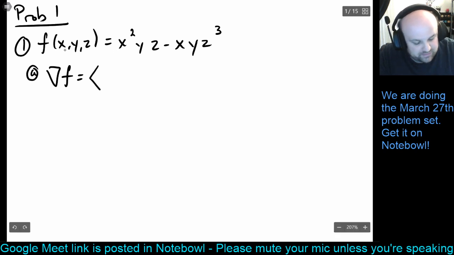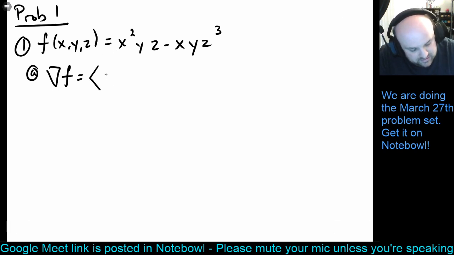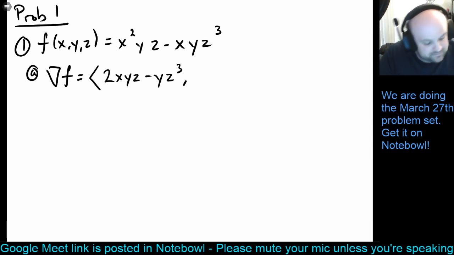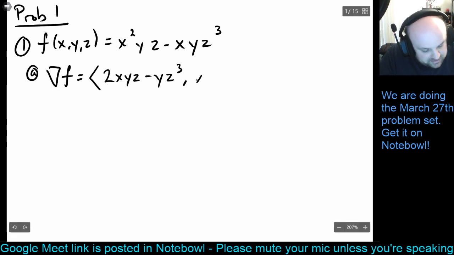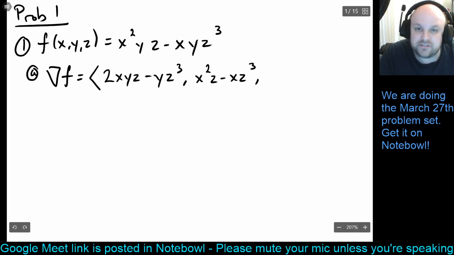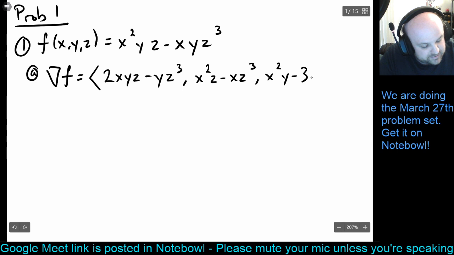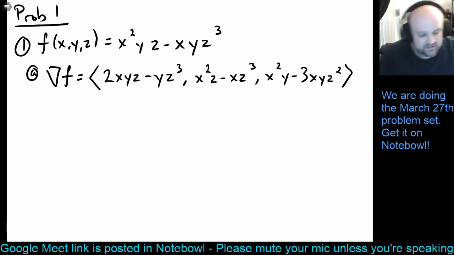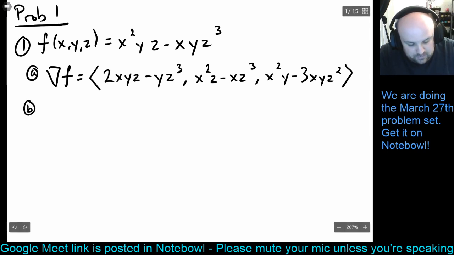The derivative with respect to x is 2xyz minus yz cubed, comma. The derivative with respect to y is x squared z minus xz cubed. And the derivative with respect to z is x squared y minus 3xyz squared. That's it for part A.